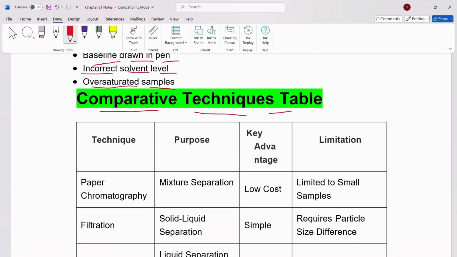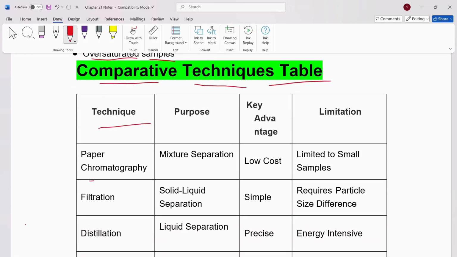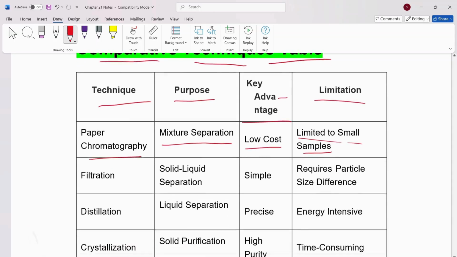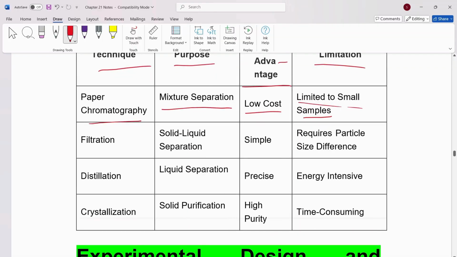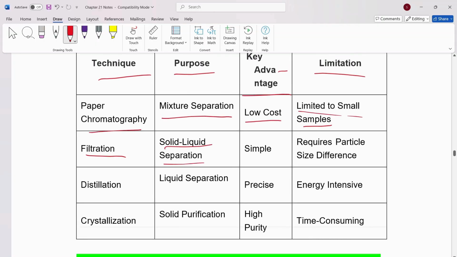Now we have a comparative technique table. Paper chromatography: purpose is mixture separation, the key advantage is low cost, and the limitation is that it is limited to small samples. Then we have filtration. The purpose is solid-liquid separation. Key advantage is that it is a simple process, and the limitation is it requires a particle size difference.